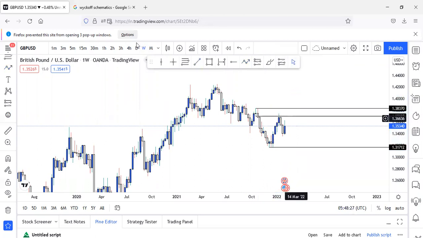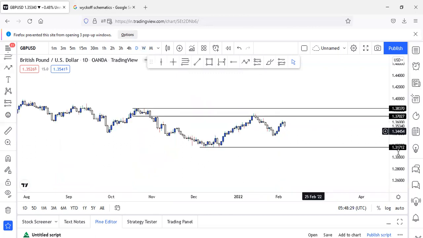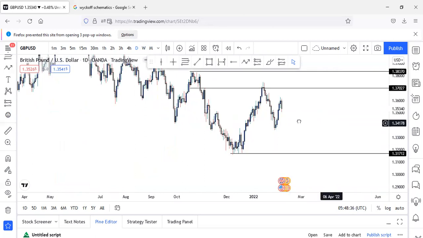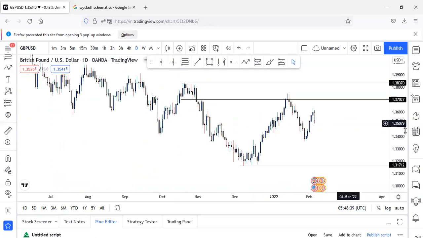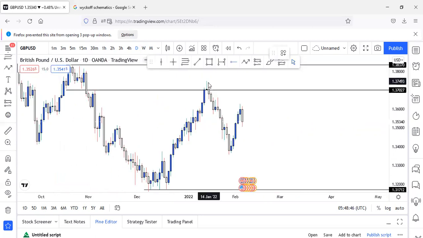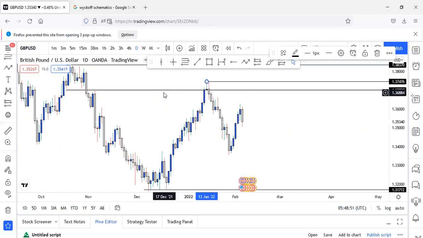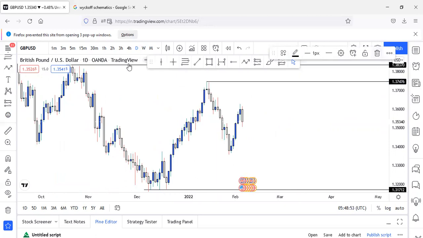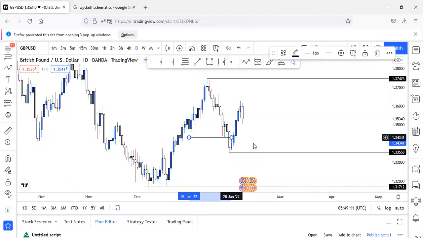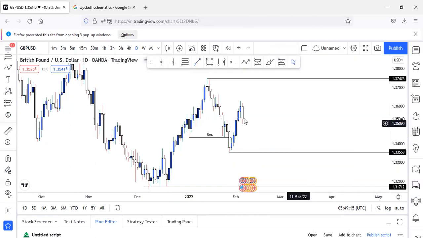Now let's look at our daily time frame. Our weekly time frame shows bearish order flow. But getting to our daily time frame, what do we see? We're having a range right here, and we have internal structure broken.